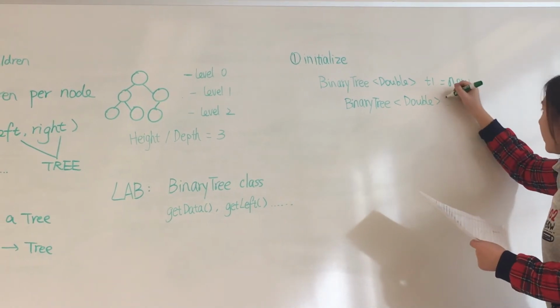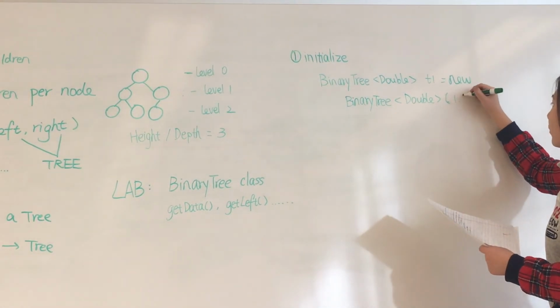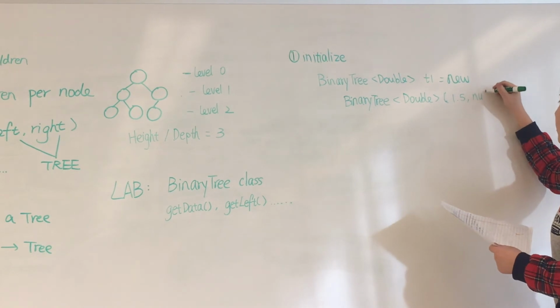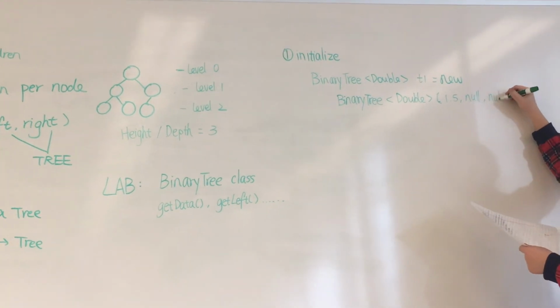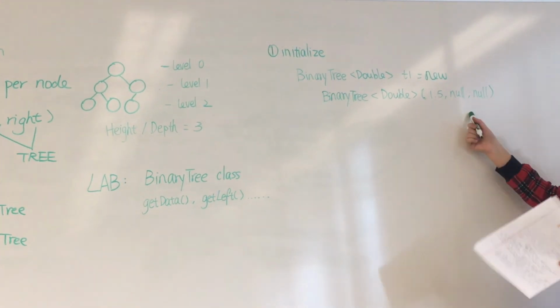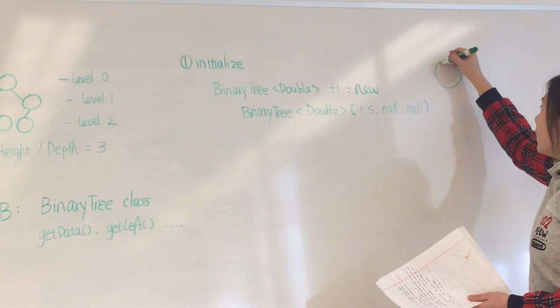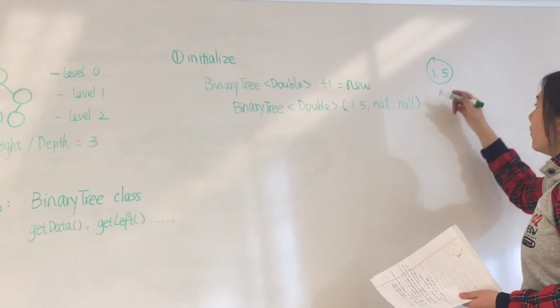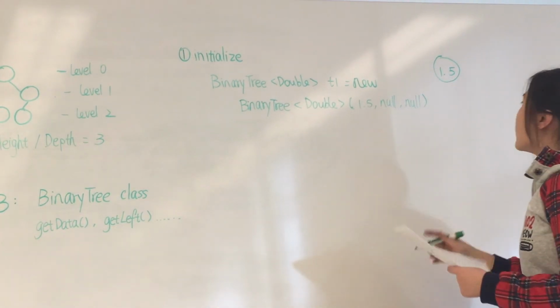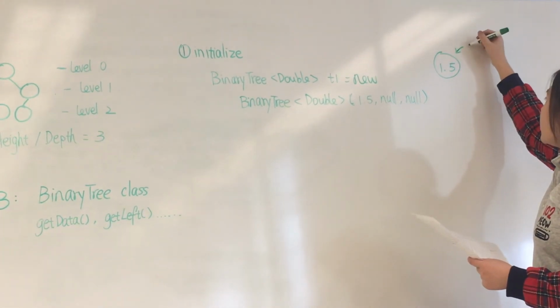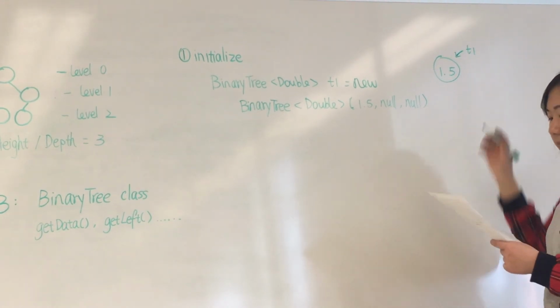So for example, if we give it a data of 1.5 and null. Right now we're creating a tree called T1, which has data 1.5 and no children. So T1 is only referring to this node right here.